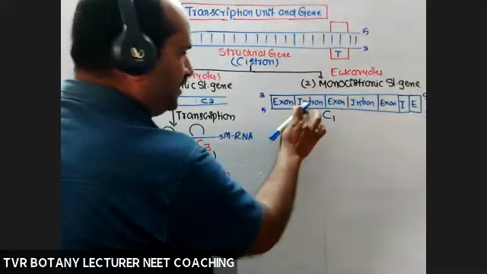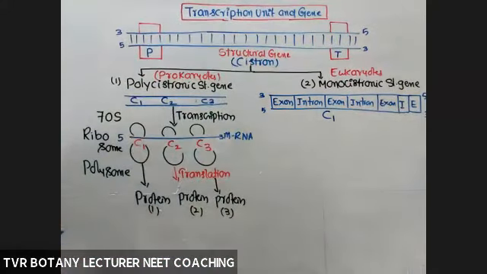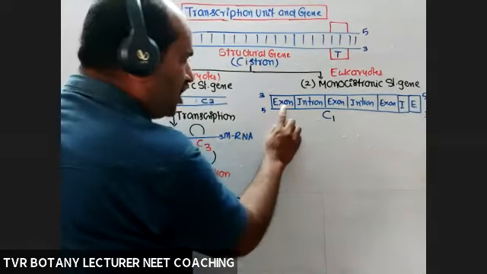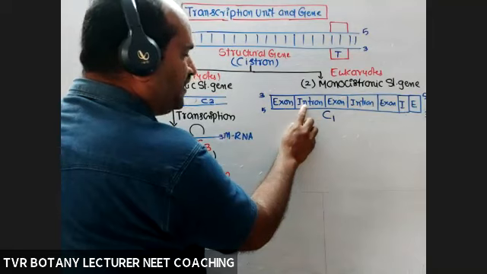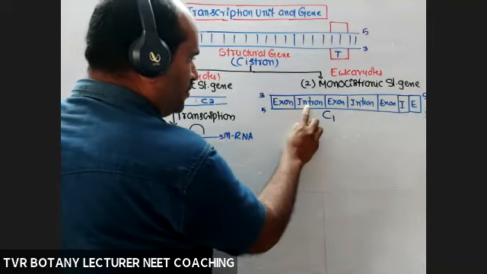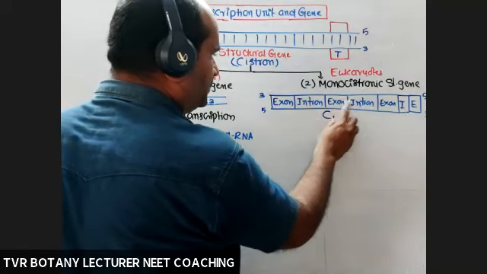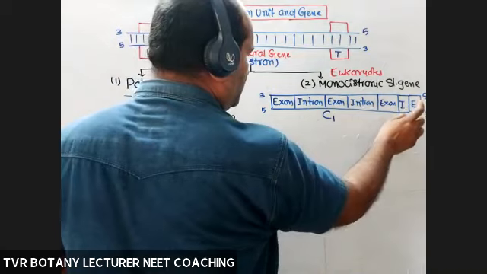Continue the same way: exon, intron, exon, intron, exon, intron, exon. Exon is the coding part; intron is the non-coding part, the intervening sequence. Coding, non-coding, coding, non-coding, coding, non-coding, coding.